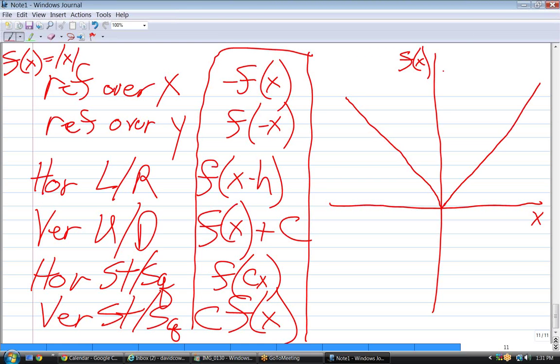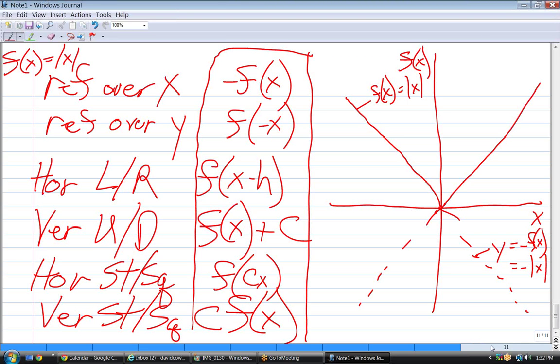Okay? So that's f of x. Let me label it. f of x equals absolute value of x. So we talk about this translation. This would be the reflection, and this function is y equals negative f of x, or negative absolute value of x.